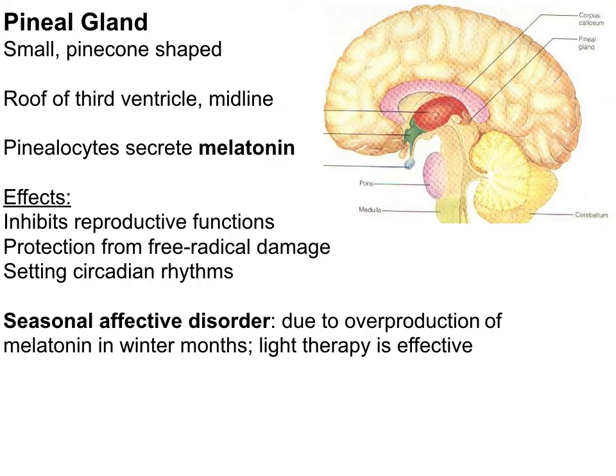It's very close to the roof of the third ventricle, right in the midline, and the cells within it, called pinealocytes, secrete a hormone called melatonin. Now, melatonin is released in darkness and at very low levels during sunlight hours. So it's tied in with our night cycle.